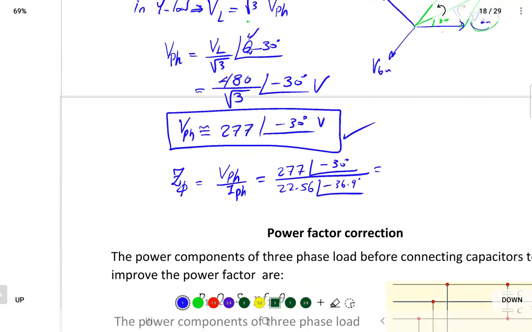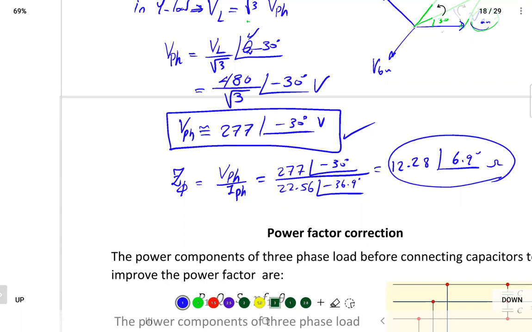I will do that: 277 divided by 22.56. The magnitude gives 12.28, and the angle, the one on the bottom goes to the top, so 36.9 minus 30 gives 6.9, ohm.